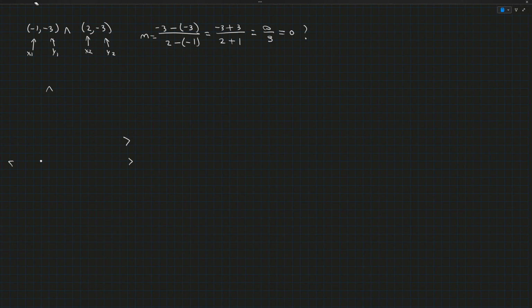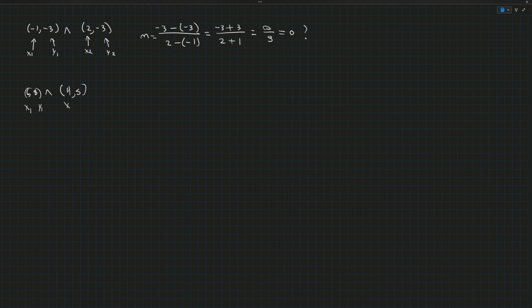So let's do another example. Let's say we're given the point 6, 8. And let's do, I don't know, 4, 5. What is the slope of this function, and how do we describe it? Again, this could be x1, y1.